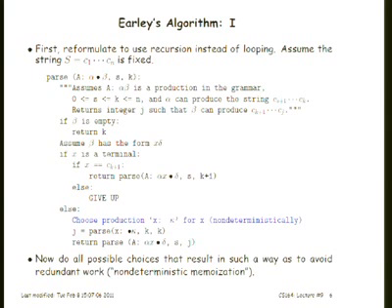And then finally, if the next thing that we have to match is a non-terminal symbol, well then we do this non-deterministic thing. We choose a production non-deterministically, and starting at the current position, we try to parse that non-terminal symbol. We try to use that production.